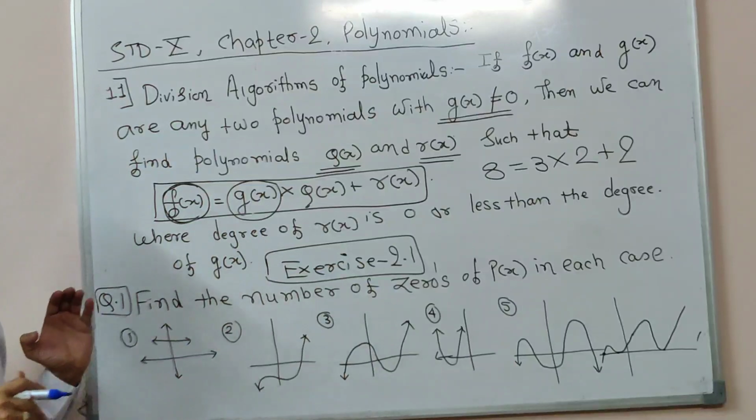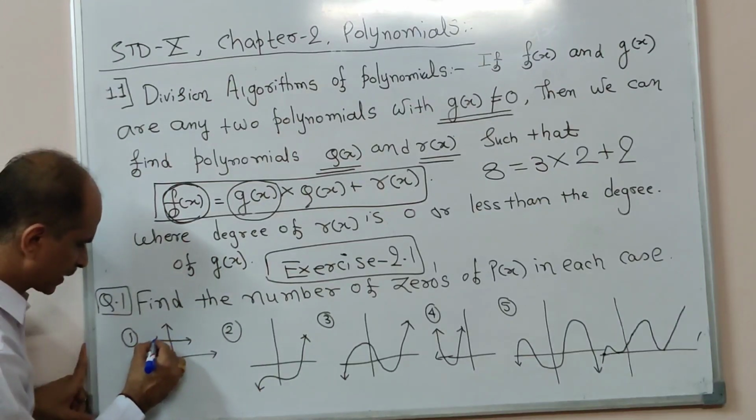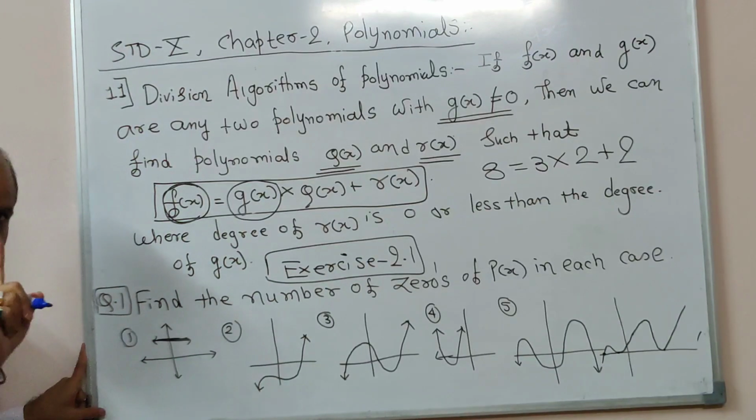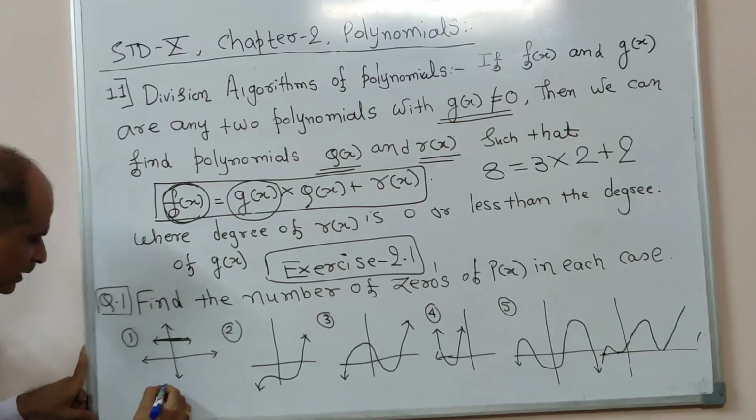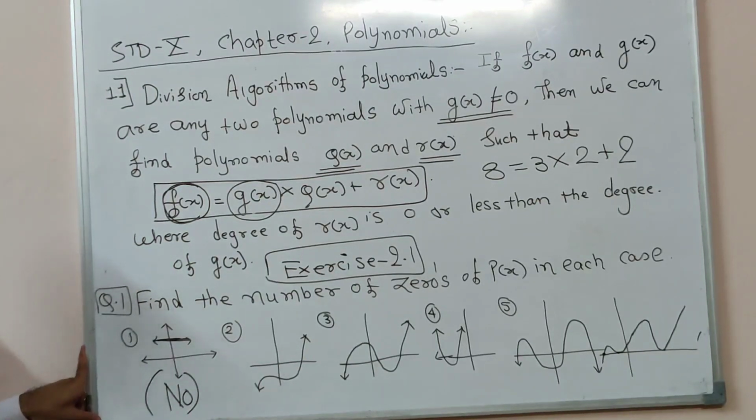So let me start one by one. In the first example, you can see this graph. The graph is intersecting the y-axis, but it does not intersect the x-axis at any point, and that's why it has no zero. And it is a linear polynomial.